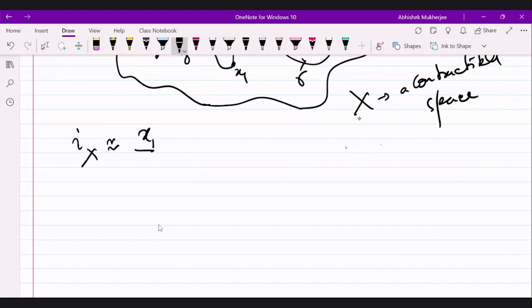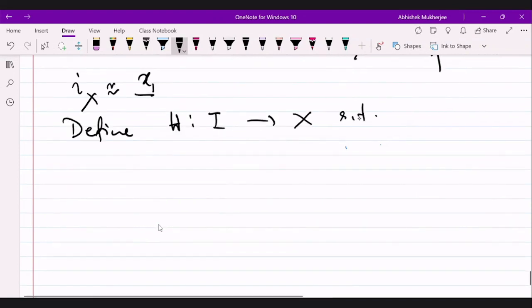And then you can define some h from I to X, so that h of t is gamma of 2t on the first half.